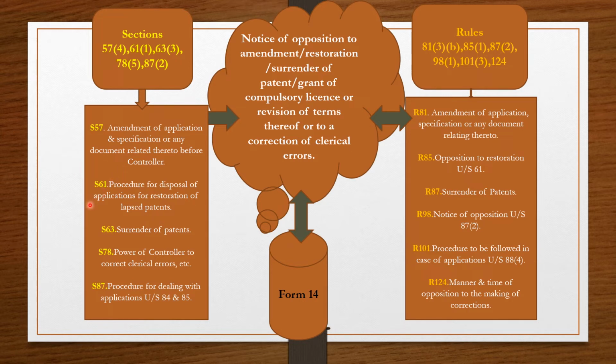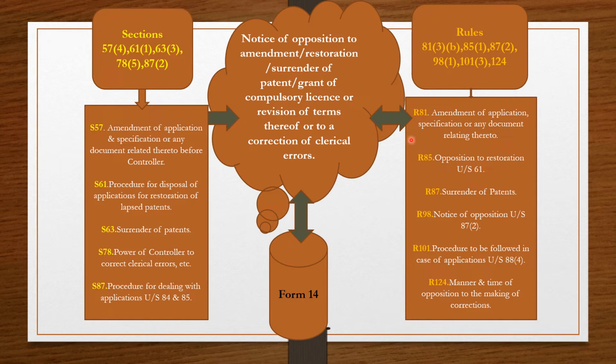Section 61 is procedure for disposal of applications for restoration of lapsed patents. Section 63 is surrender of patents, and the title of section 78 is power of controller to correct clerical errors, etc. Section 87, procedure for dealing with applications under sections 84 and 85.